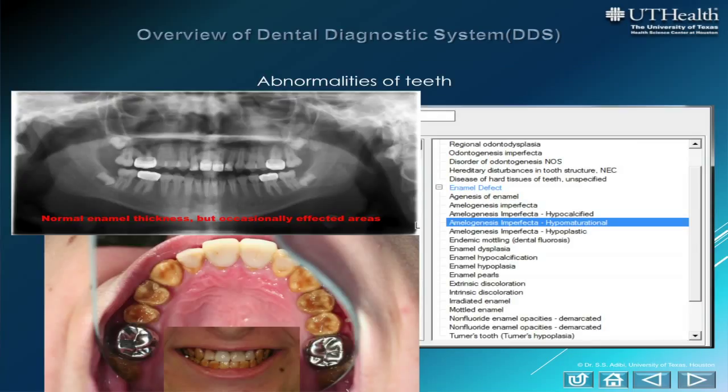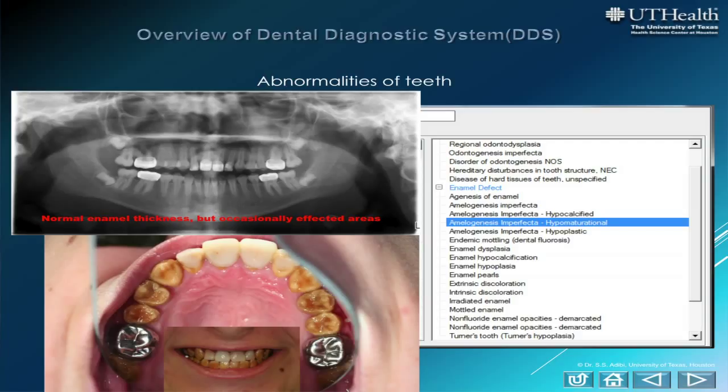As you see here, abnormalities of teeth have several subcategories such as cementum defect, dental defect, enamel defect, eruption abnormality, number alterations, pulp abnormality, shape alteration, size alteration.